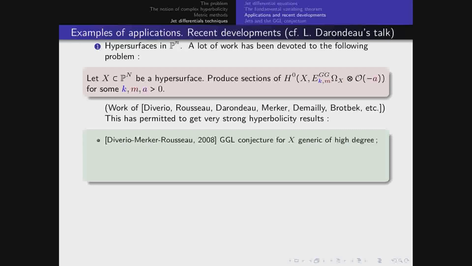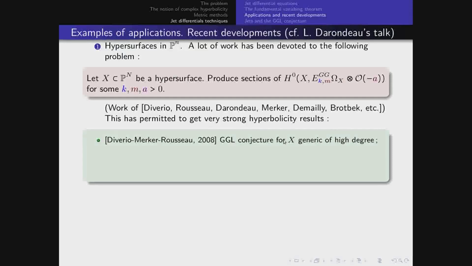So one of the first results I would like to mention is the following one by Diverio-Merker-Rousseau, that if you have a hypersurface which is generic and of sufficiently high degree, then it will satisfy the conclusion of the Green-Griffiths-Lang conjecture on entire curves.